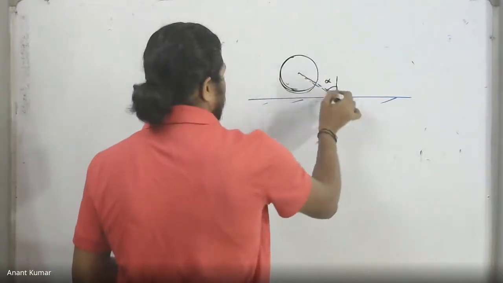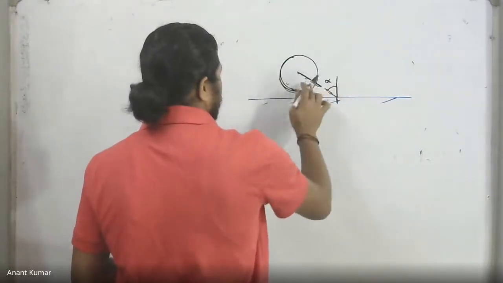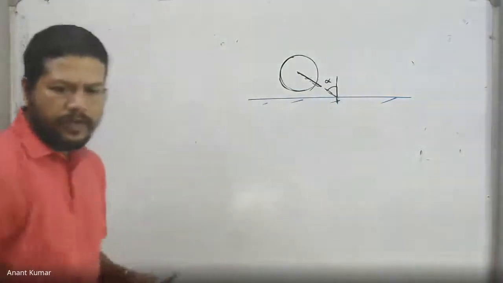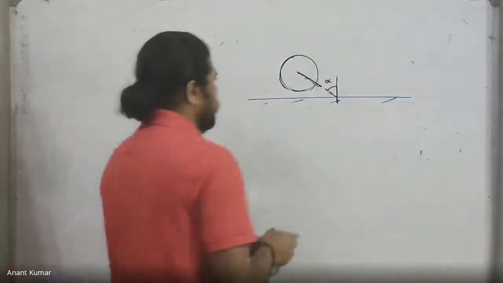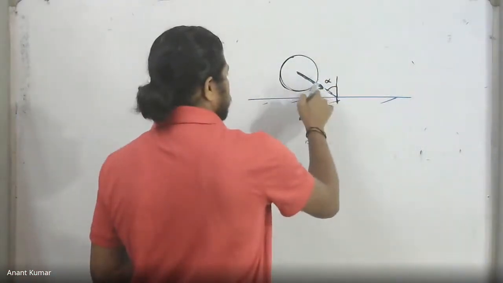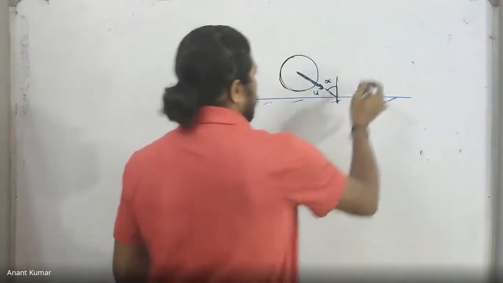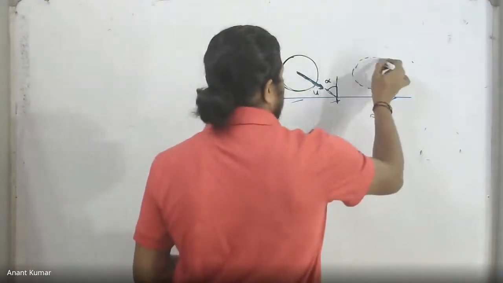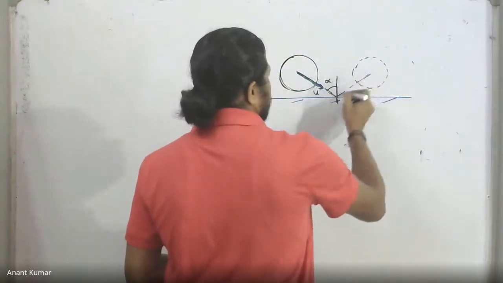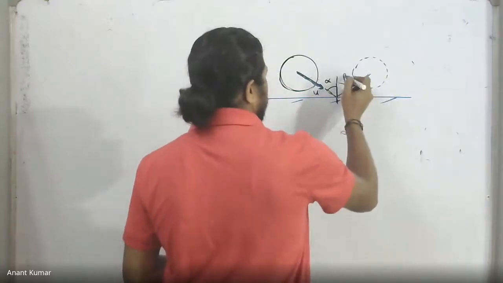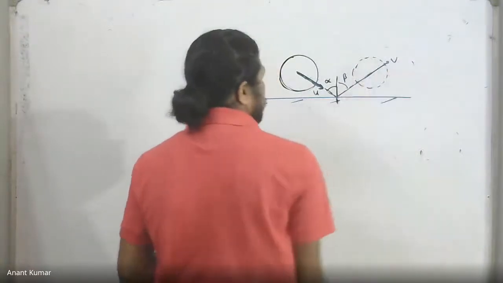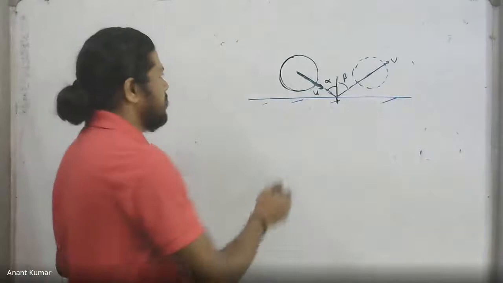It was moving with the speed u, for instance, at the instant it collides with the floor. I'm just showing the incoming. While after the impact, for example, let us say the direction of motion is beta, and it is moving at speed v. This one is after the impact. This is before.